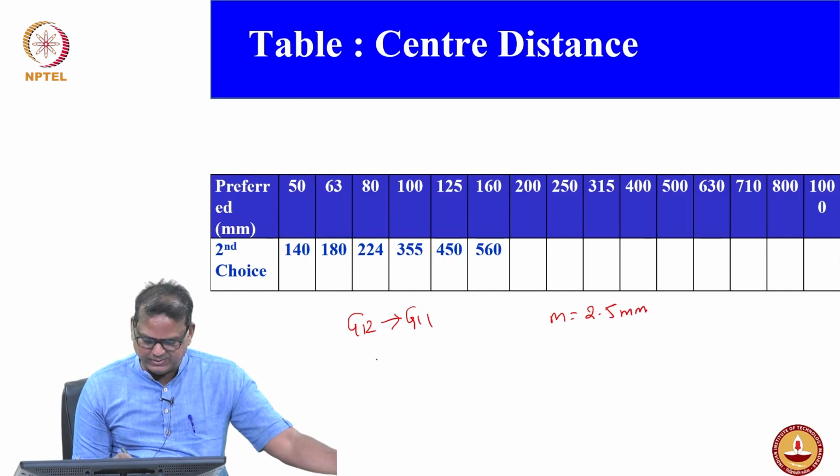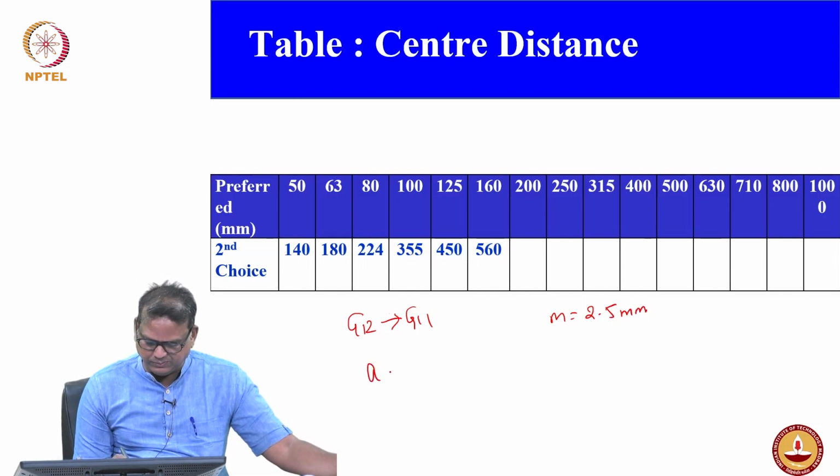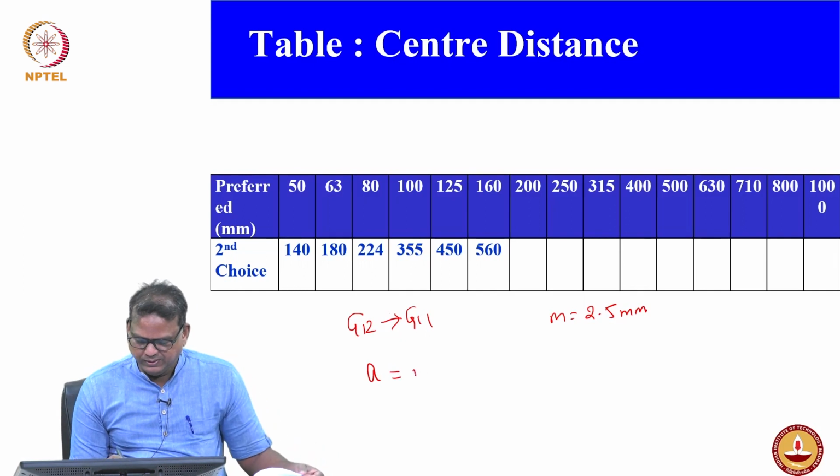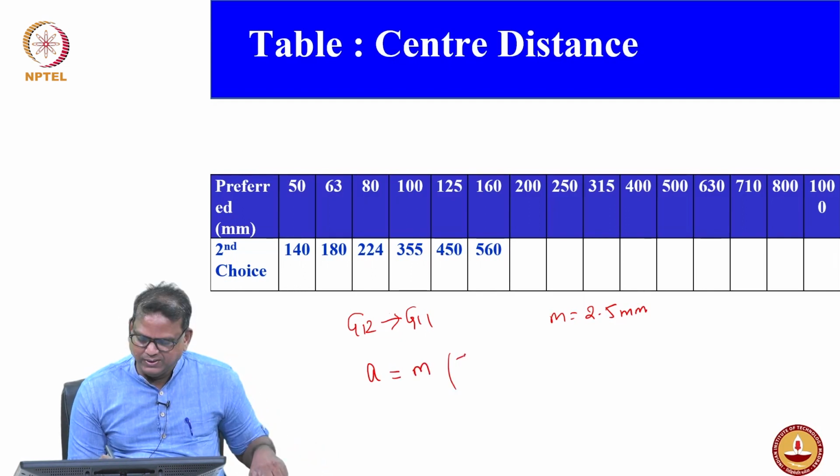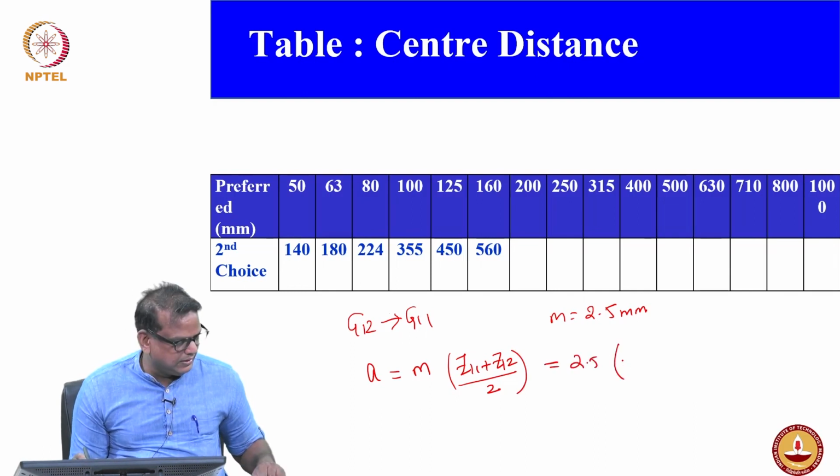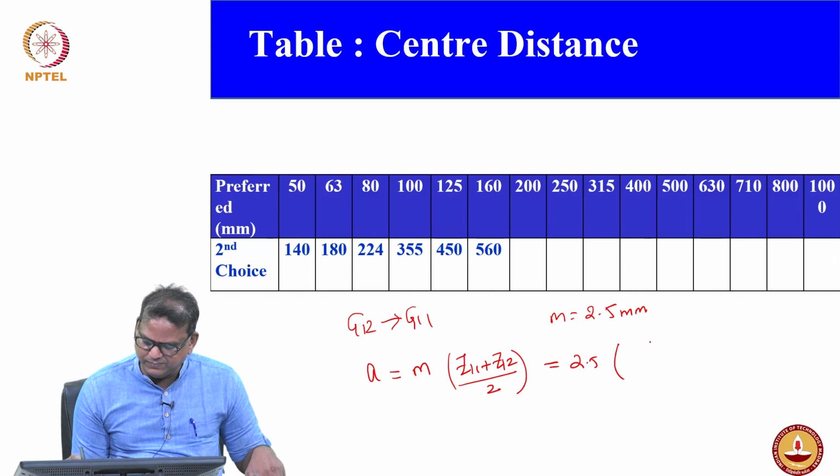How do you calculate center distance? Center distance A equals m into (Z11 plus Z12) by 2. So, 2.5 into, I know Z11 is 66, plus 36, by 2.